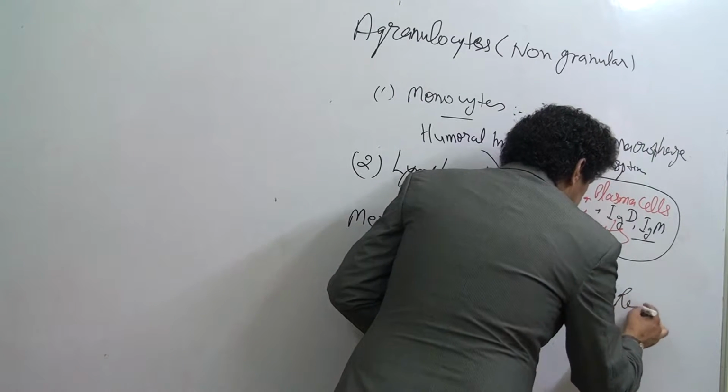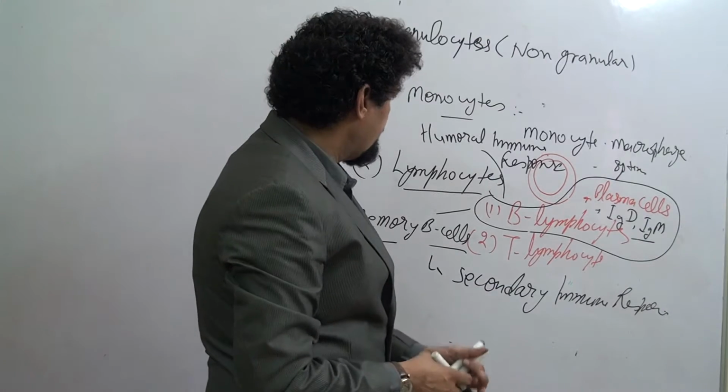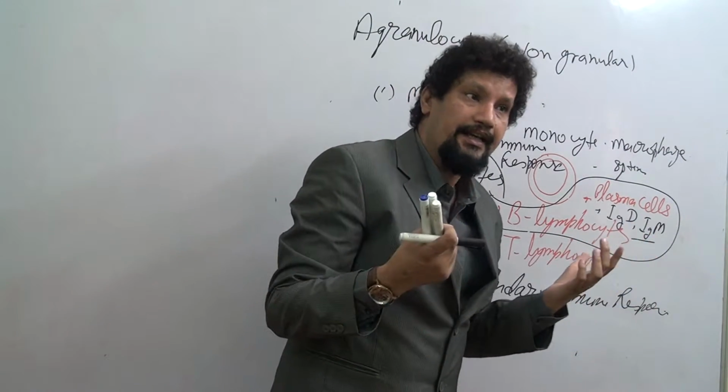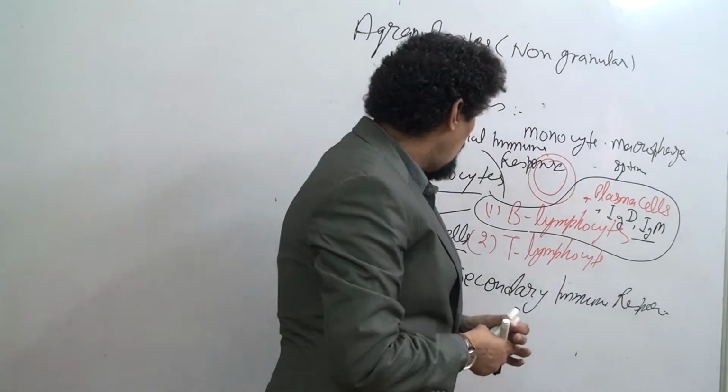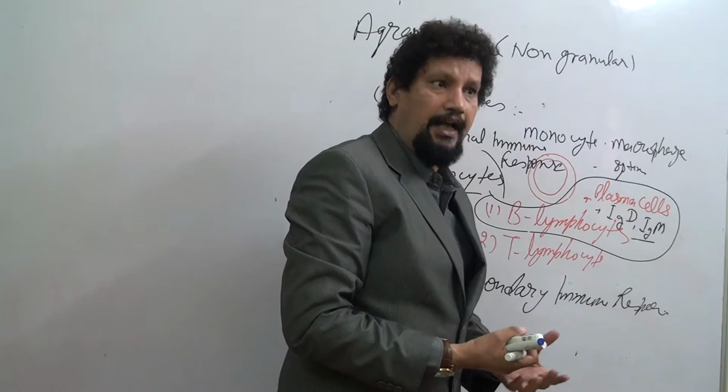So what is the basis of the vaccination or immunization? When the body is immunized, it has an inactive form of viruses or antigen of virus or bacteria.